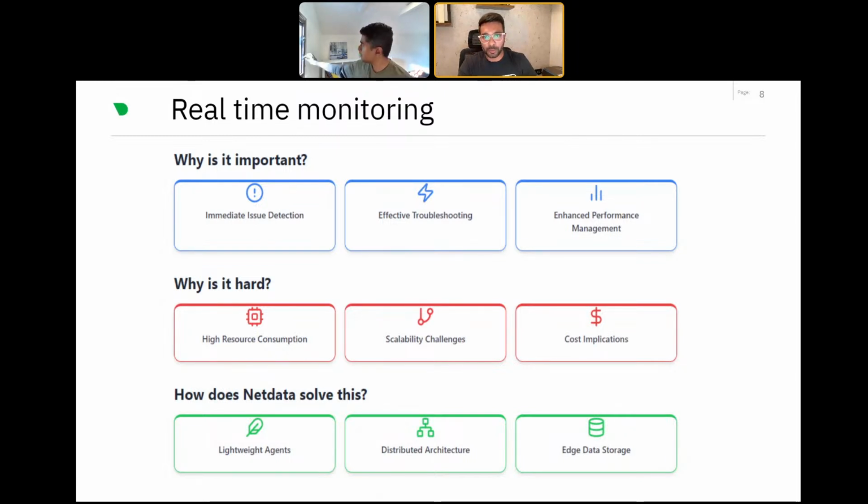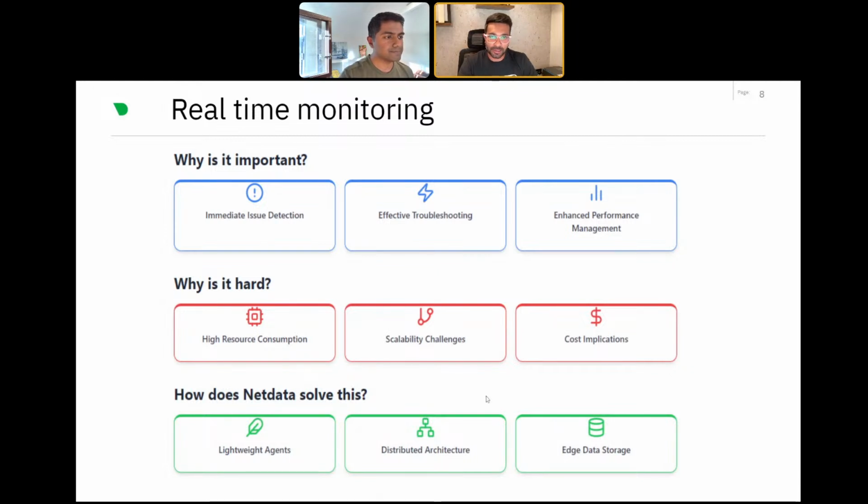Whether it's to do with collection, compute, or storing the data, all of that happens on the edge. And that's why, when it comes to real-time monitoring, it becomes much easier for a tool like Netdata to cater to this.